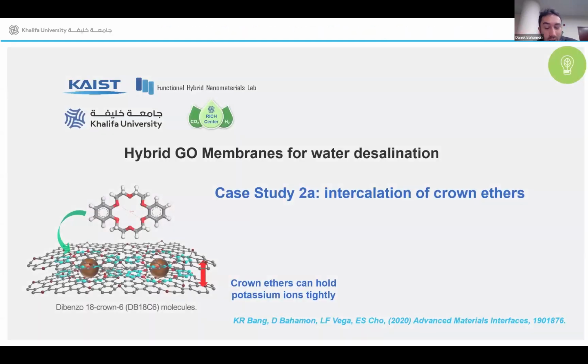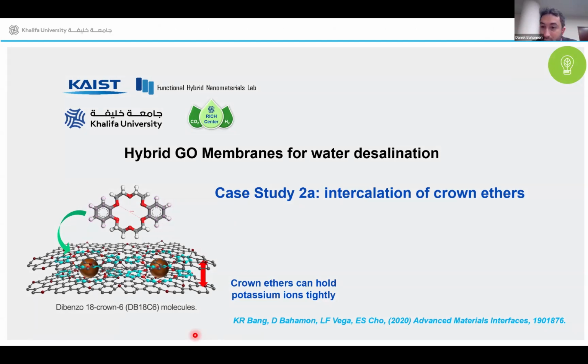So as I was mentioning, we didn't see this swelling effect in this initial membrane. So the idea is to check this effect by having not only the graphene oxide itself, but additional molecules in between, to see if we can maintain the interlayer distance of the graphene oxide. For that, we have followed 2 strategies.